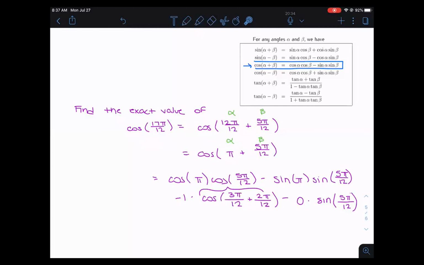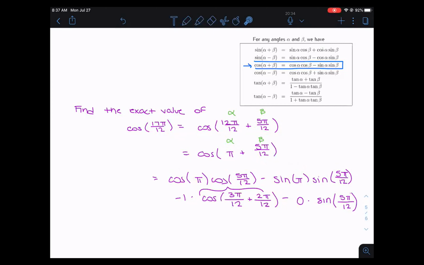And then from here, we can just use this formula, which is the sum of two angles. So we have to take cosine of alpha, which is pi, times cosine of beta, which is 5 pi over 12, minus sine of pi times sine of 5 pi over 12. At this point, you remember what I showed you guys last time is that you can just evaluate this.